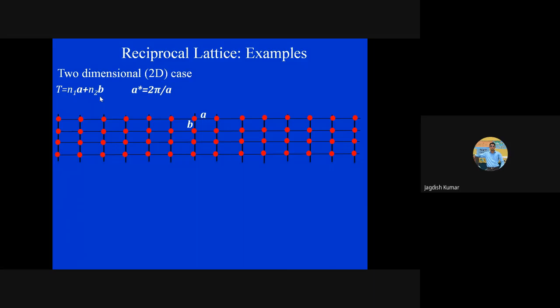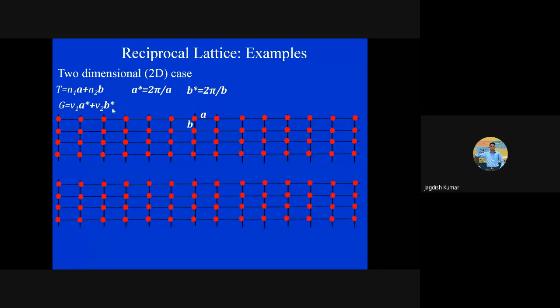And what all terms are going to appear in the 2D Fourier series, they are defined with the help of these reciprocal lattice vectors. So A star is given by 2 pi by A and B star is given by 2 pi by B. And what will be the corresponding translation operations in reciprocal lattice? They will be given by this G vector now.